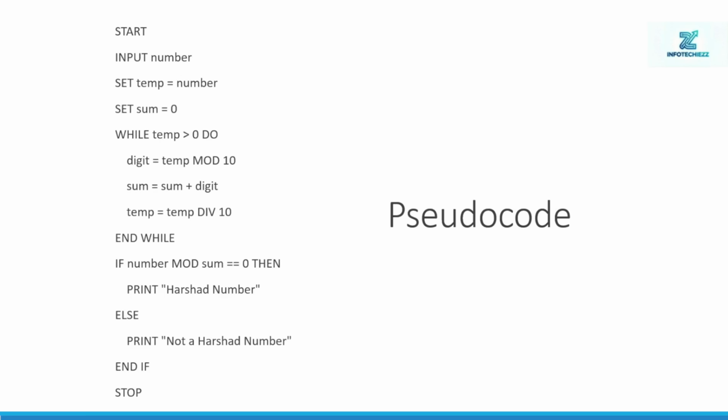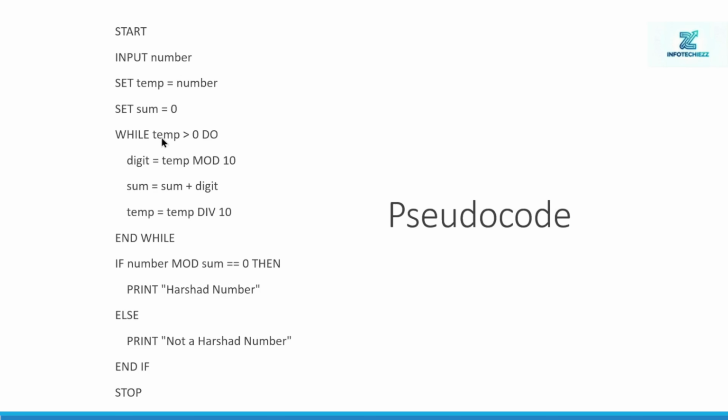So here is our pseudo code. Take an input from the user and create a dummy variable. In the dummy variable, you store the original number. After that, we have to do the sum, right? For that, use a sum variable and initialize it with 0. After that, use a while loop. In the while loop, give a condition, temp variable greater than 0.